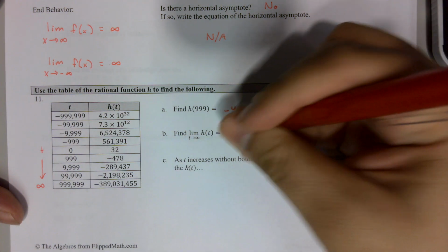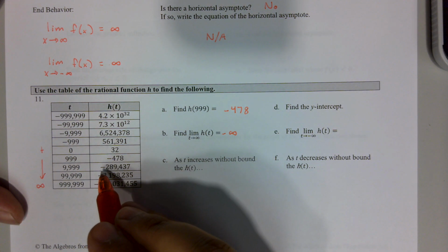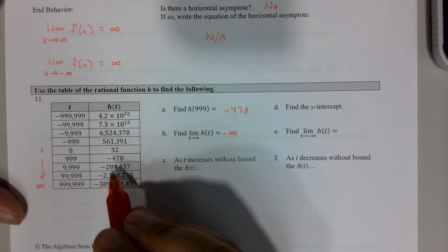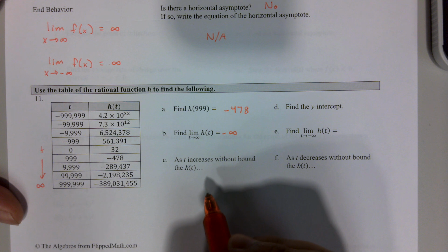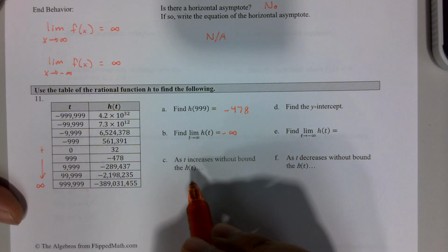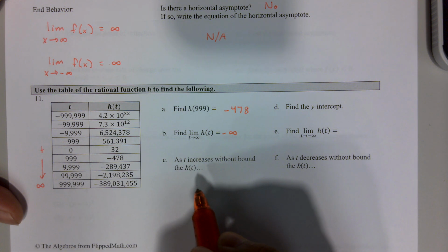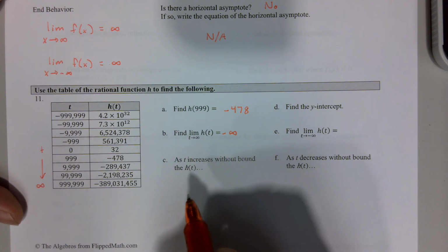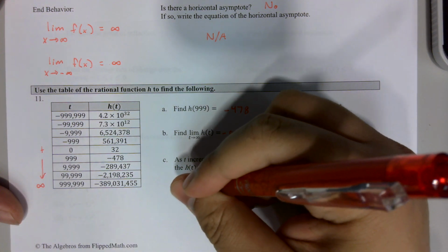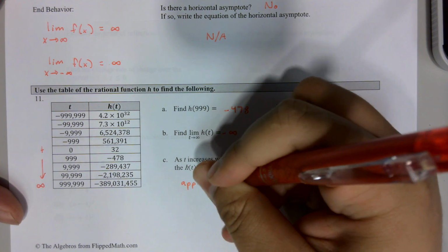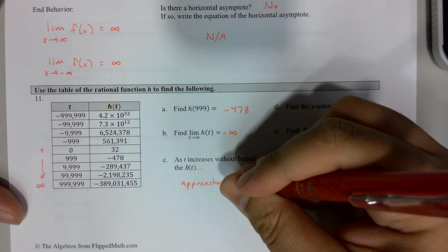Oh, sorry, negative infinity. Negatives. We have negative signs here. So really big number that is also negative, negative infinity. Alright, so as t increases without bound, the function, our h of t, we say approaches negative infinity.